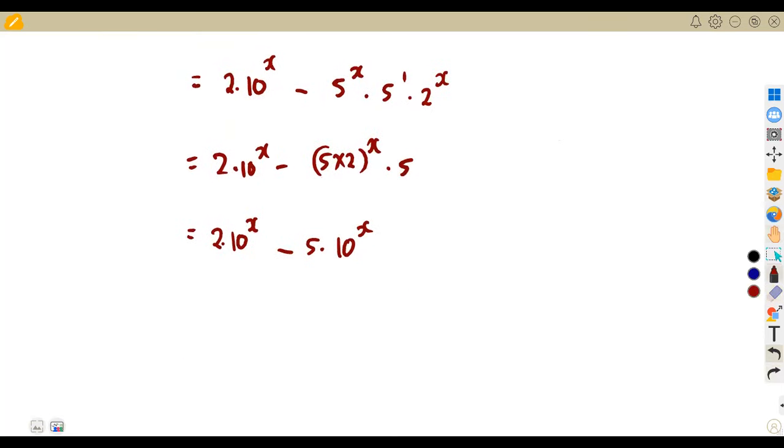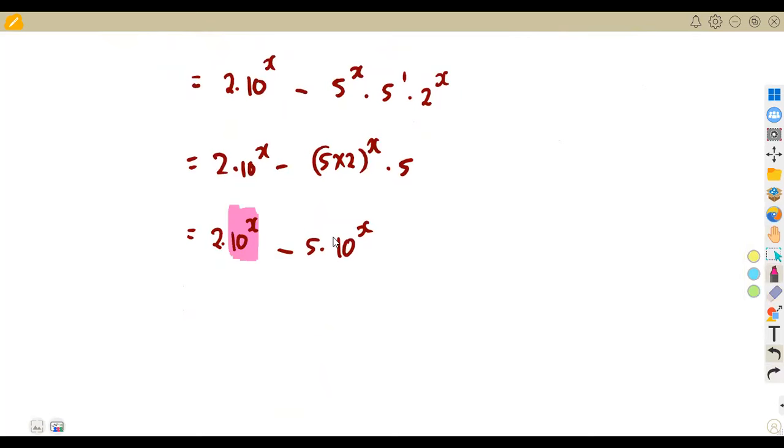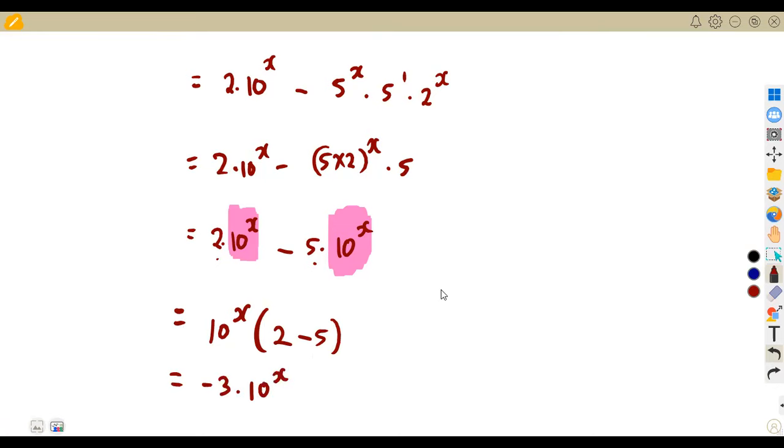So at this stage, you are back to having these two be the same. 10 to the exponent of x and 10 to the exponent of x are the same. So what are we going to do? We are going to factor out that 10 to the exponent of x, which is common. We remain with 2 on this part, and here we remain with minus 5. So let's subtract 2 minus 5, that's minus 3. So you're going to have minus 3 times 10 to the exponent of x, which is exactly what we are given to show in this case.